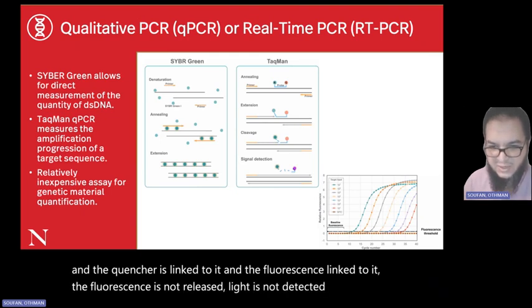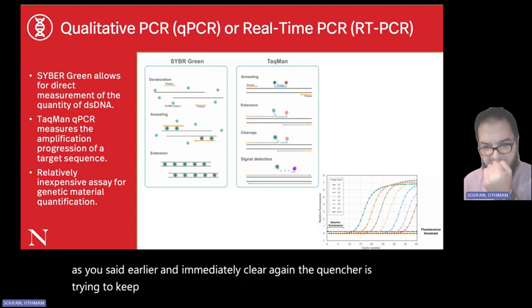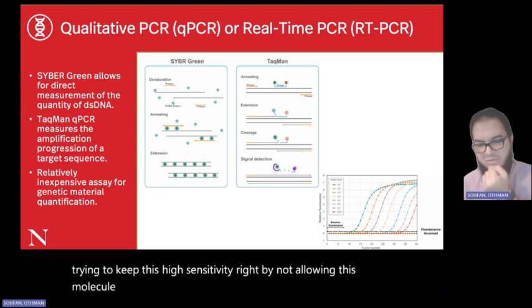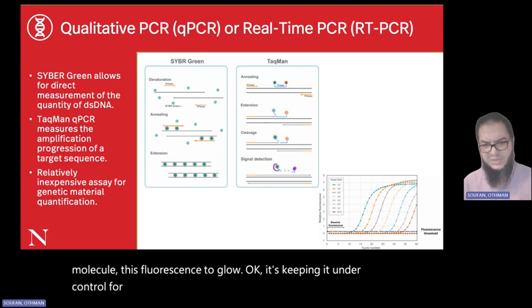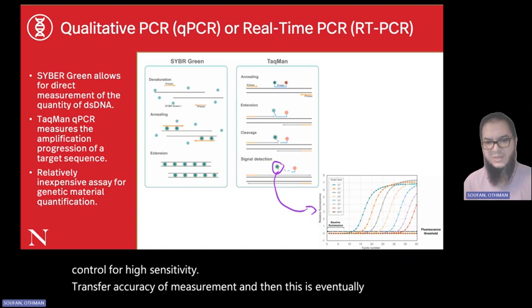And also, as I said earlier, to make it clear again, the quencher is trying to keep this high sensitivity by not allowing this fluorescence molecule to glow. It's keeping it under control for high sensitivity and accuracy of measurement. And then this can eventually be measured.